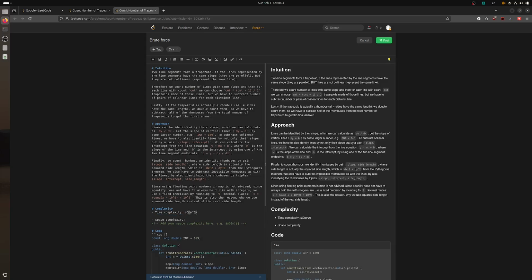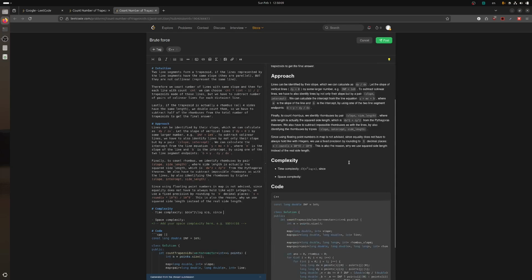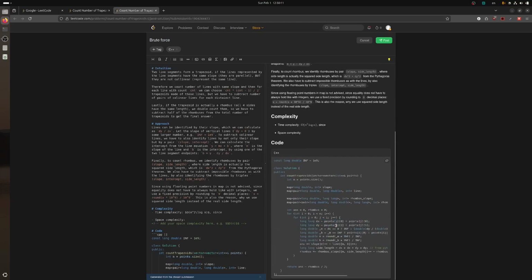N squared log n. Wait, but I mean, worst case n squared log. Can there be like n squared different slopes between each point? Maybe.